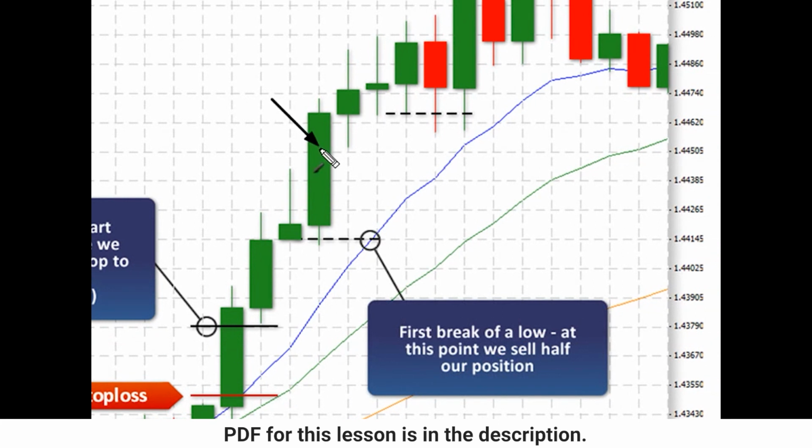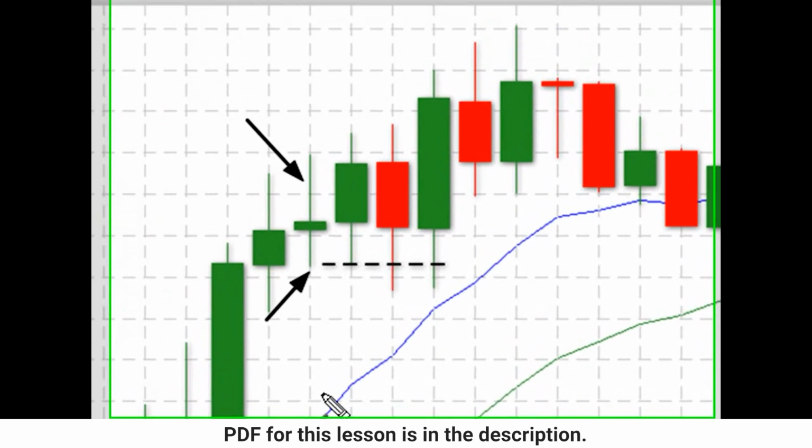Then after this bar completes, we move our stop under this low, and then when this bar completes, we move our stop under this low, so from this low down here up to this low here, and then when this bar completes, we move our stop from the low of the bar before to the low of the current bar that has just completed.